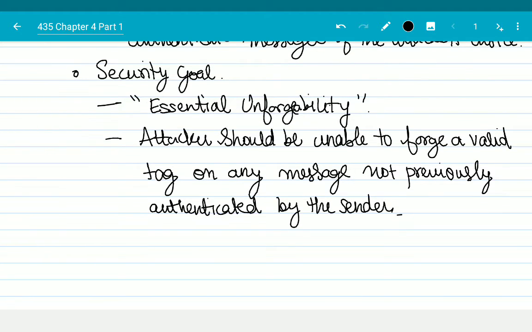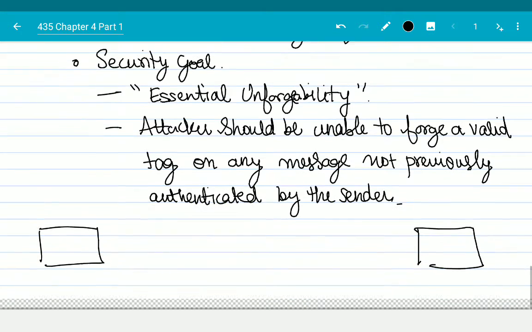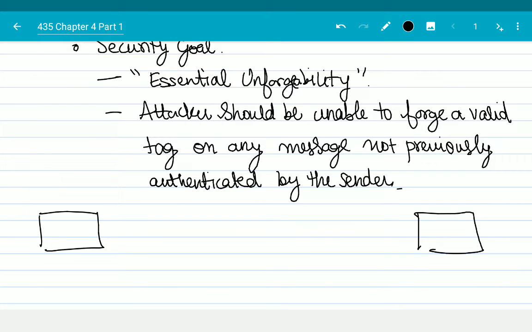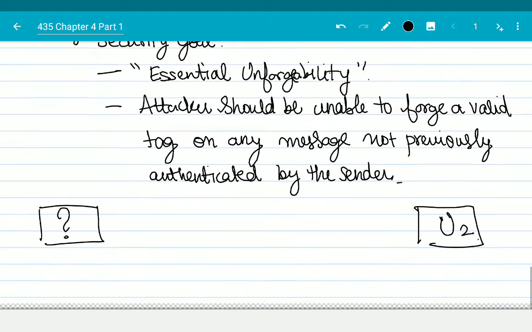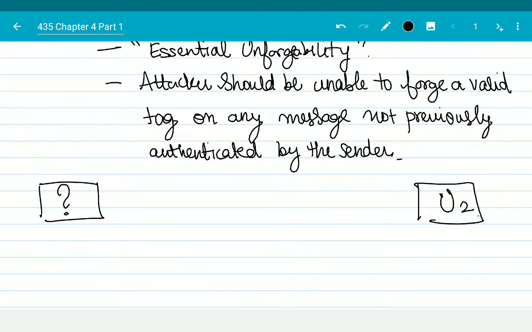In terms of an image, it's going to look like this. You have the receiver, which I'll call U2, and this is a person adversary. Initially there's a person U1. They have the key.